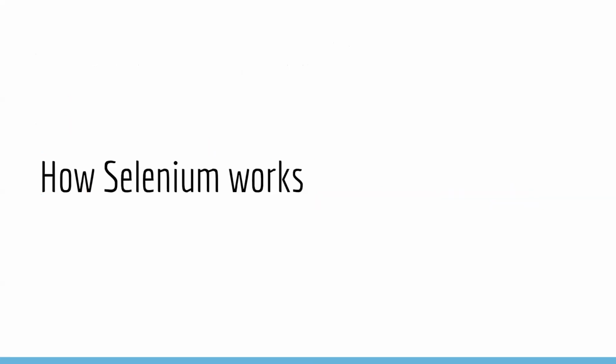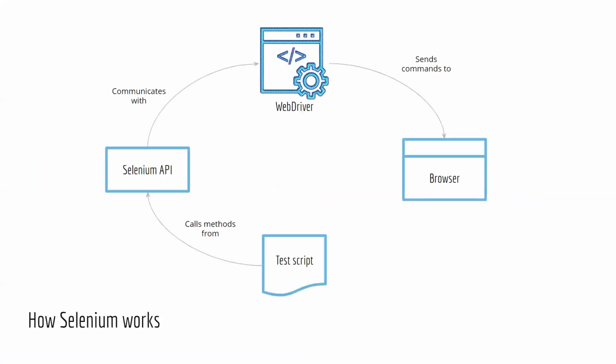So how does Selenium work? When we run a test script using the Selenium framework, what happens is the test script calls the methods from Selenium API. So for example, I have a test script that has a step that clicks a button.